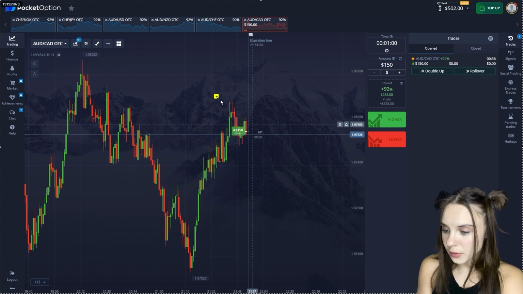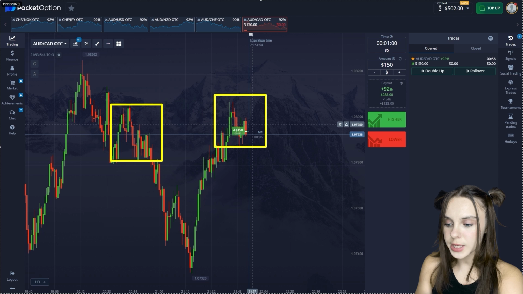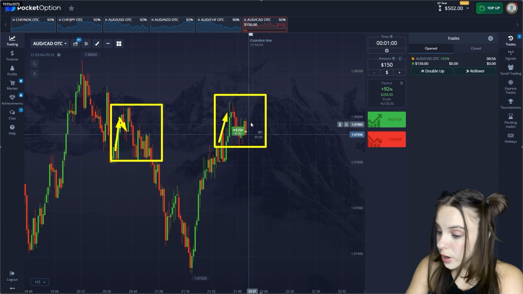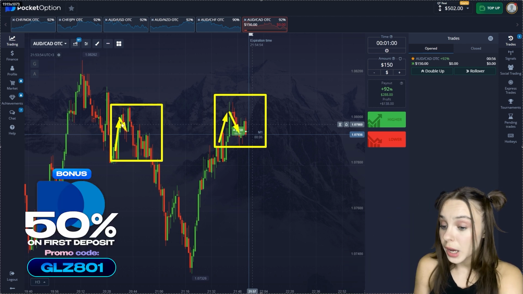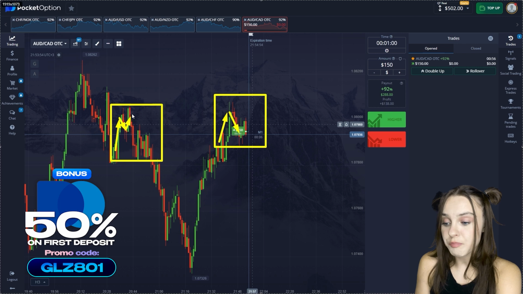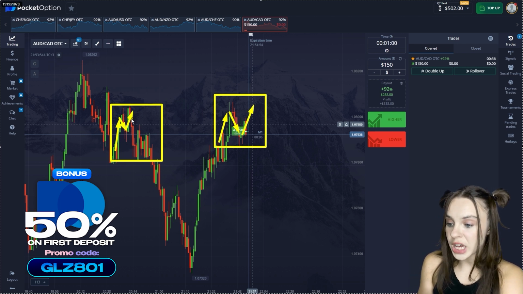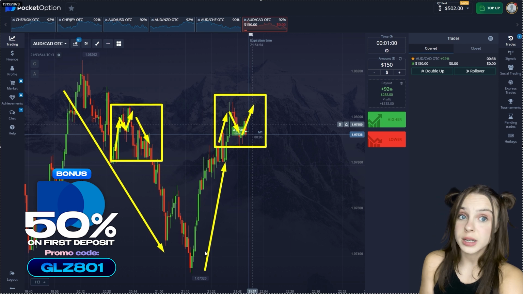Here we see I have drawn 2 approximate squares. We see that the concept is the same, so it is up raising, down raising, down raising, and there is a cycling moment. It happens very often, and that's why we opened a trade on the upside. There was a general decrease. Here there was a general increase, so most likely we will come out with you in the plus.